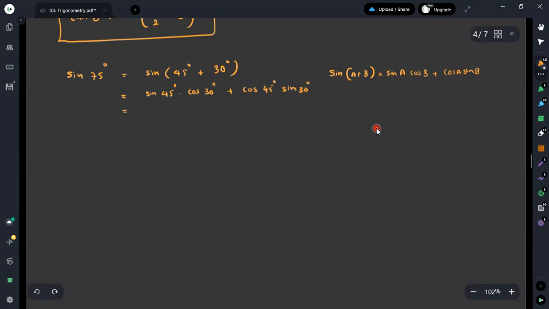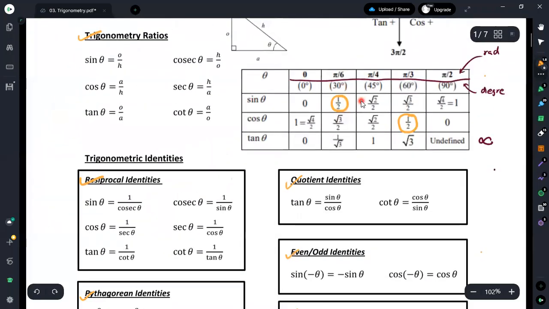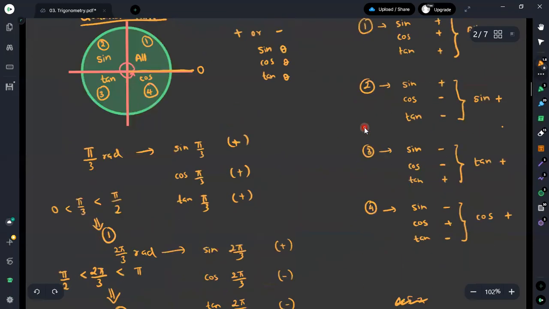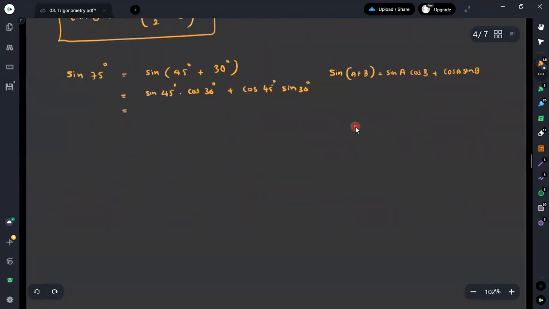In the table, we observed that sine 45 is root 2 over 2, cosine 30 is root 3 over 2, cosine 45 is again root 2 over 2, and sine 30 is equal to half.